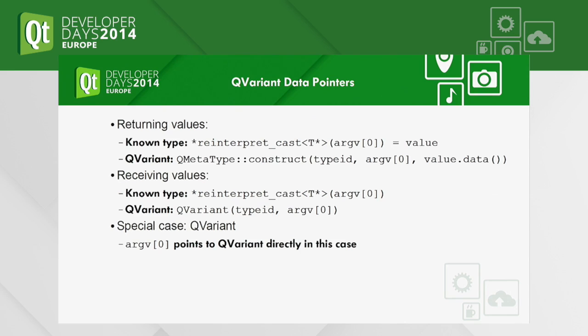When returning values, we usually have a QVariant containing that value. So we have to create a copy of that into pre-allocated storage of the specific type. And for that, we have QMetaType construct, which, given the void pointer that's actually pointing to the data stored in the QVariant, the type ID, and the location of where it should create the copy, will do just that.